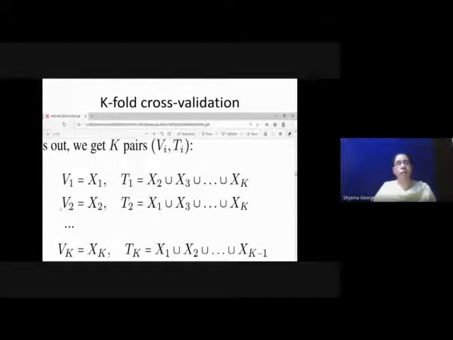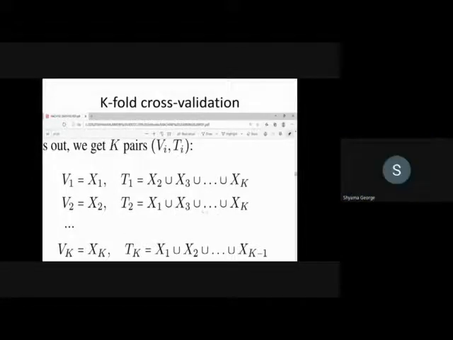And in the next iteration, we use X2 for validation and the set T2 is equal to X1 union X3 union etc. up to Xk for training. Similarly, Vk is equal to Xk. That is, Xk is used for validation and the remaining portion X1, X2, etc. up to Xk-1 is used for training purposes.